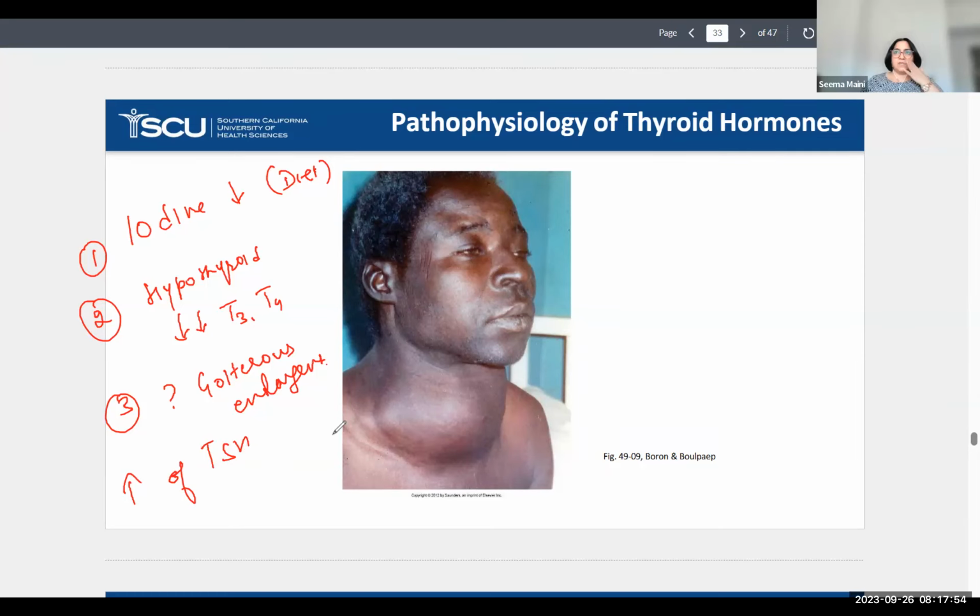So your pituitary is thinking that maybe the thyroid gland needs to be stimulated, so it's producing more TSH. It's sending more TSH out to stimulate, and what it is causing is overgrowth of thyroid tissue because there's not enough iodine available to make that T3, T4. So this negative feedback circle is kind of messed up, and there is enlargement.